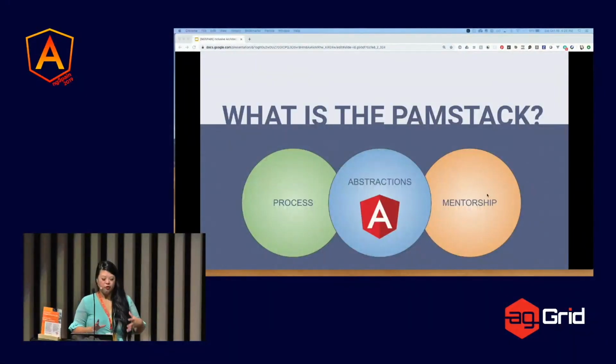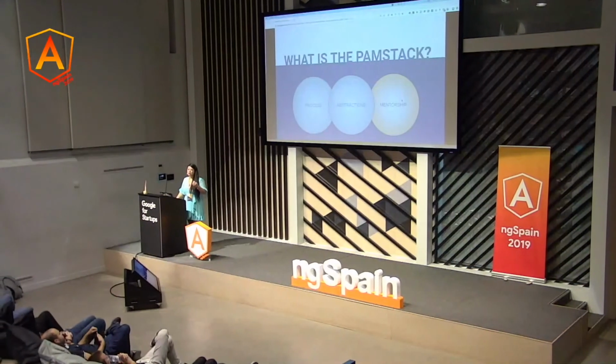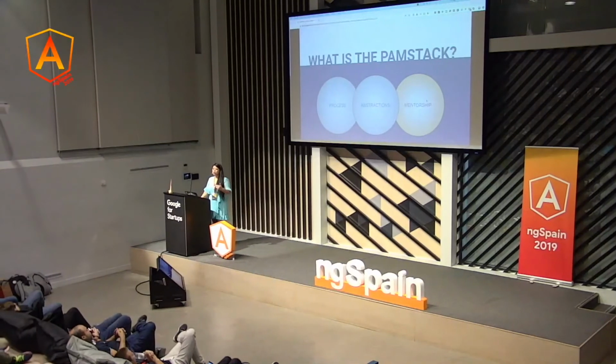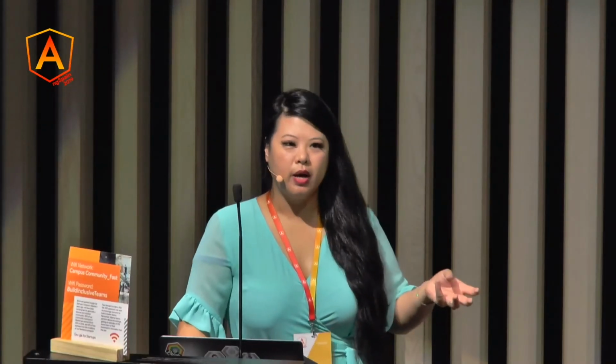So we talked about two different pillars, process and abstractions, but I think one of the most important ones also is this idea of mentorship. One of the reasons why this is so important is because this begins with a culture shift from within your organization. I was thinking about the other day, we have a lot of senior developers at This Dot, and they're amazing, and they have different people that they're assigned to from a mentorship perspective, but they're not assigned mentors as well.